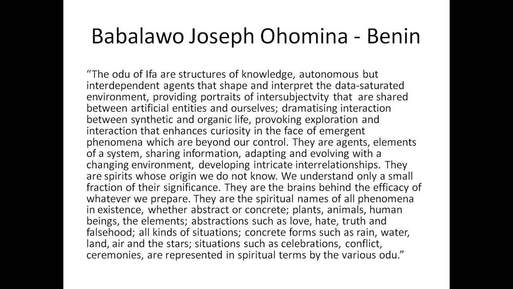So an Odoo, again, is a spirit. It is the name of the energy signatures that govern and develop or bring into being phenomena. These are the signature expressions of the thoughts of the divine. And so the thoughts are represented by signs. Here they're called Odoos, and in the Dogon they're called Bumo.